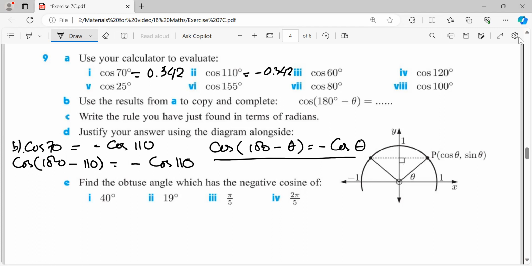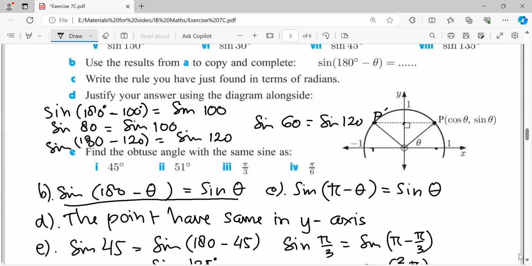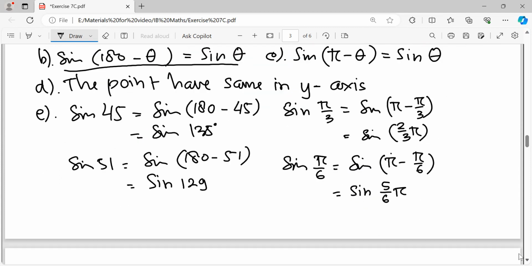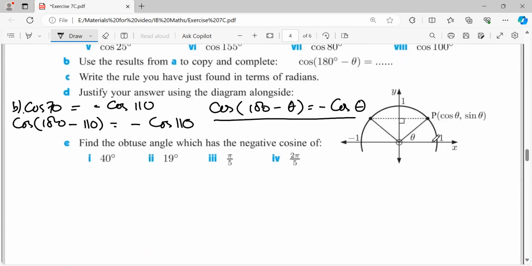Like this conclusion, this x is positive and this x is negative. That's the conclusion.